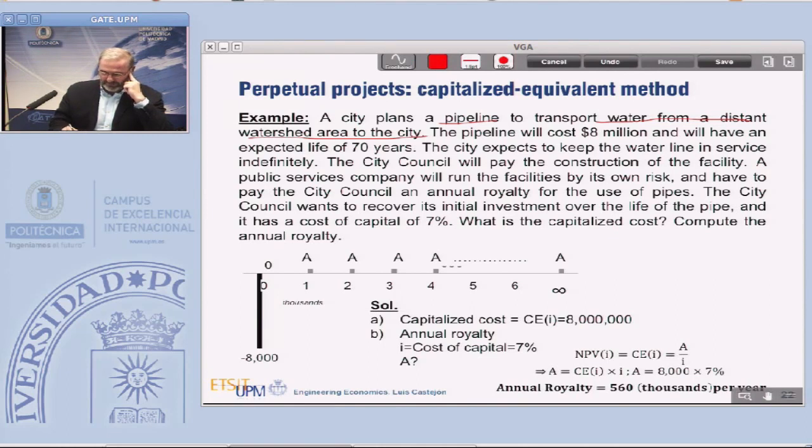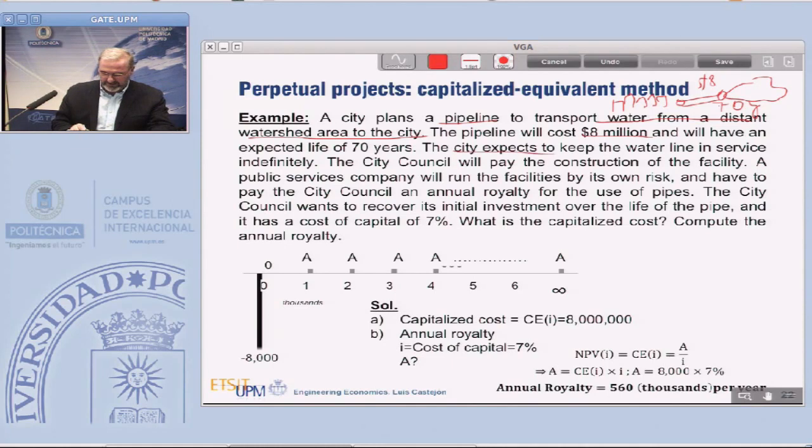So we have a watershed around the city, and this is the city, and our city plans to construct this pipeline. This pipeline will cost $8 million. The expected life of this pipeline is 70 years, a lot, so we can consider it an infinite project.